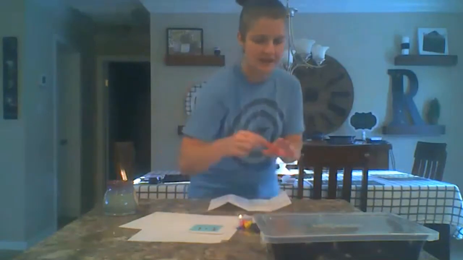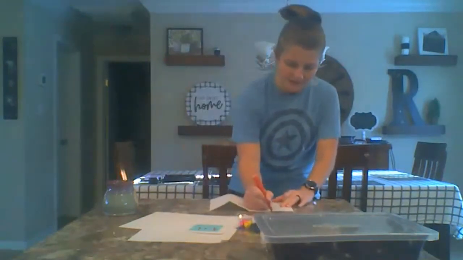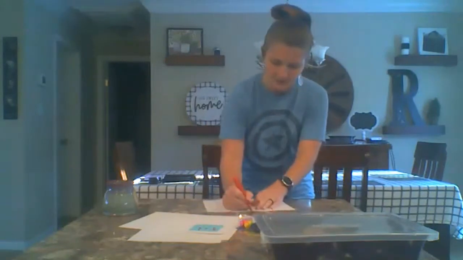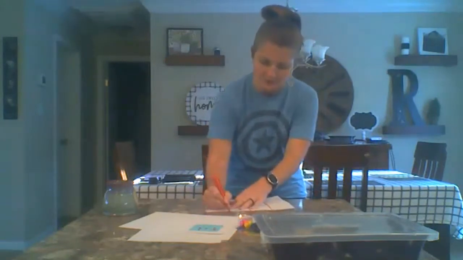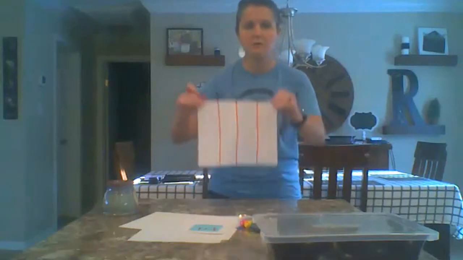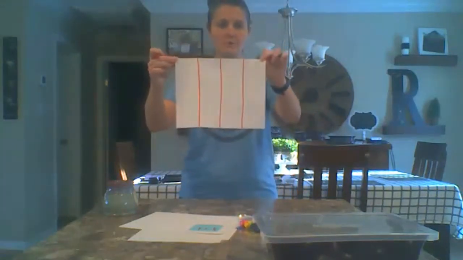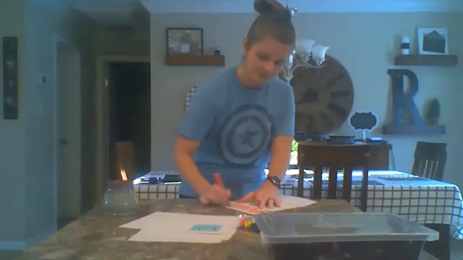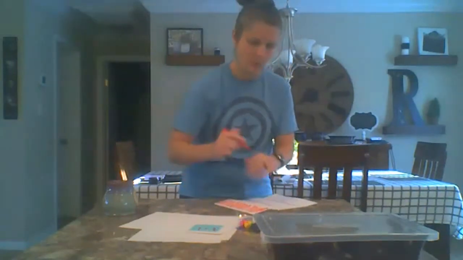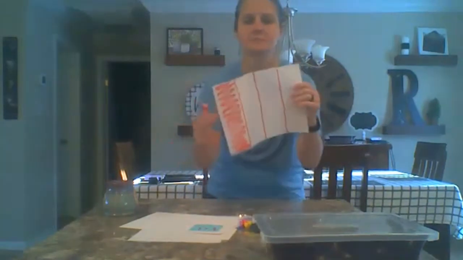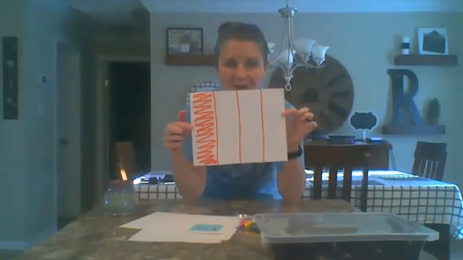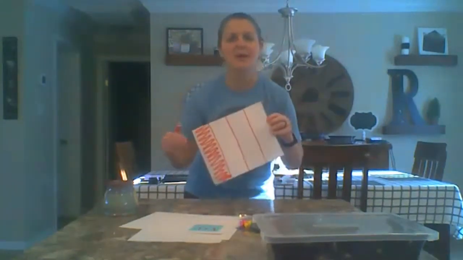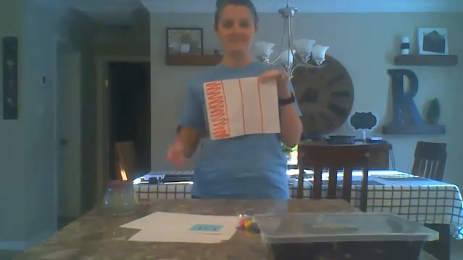Now I'm going to take one of my colors, and it might be easier for you to see where the folds are, to go over that with a crayon or a marker. And I'm going to color in 1/4 of my strawberry cobbler.